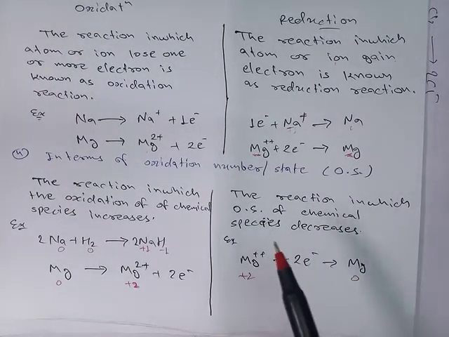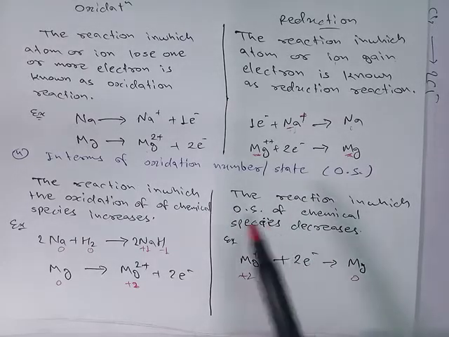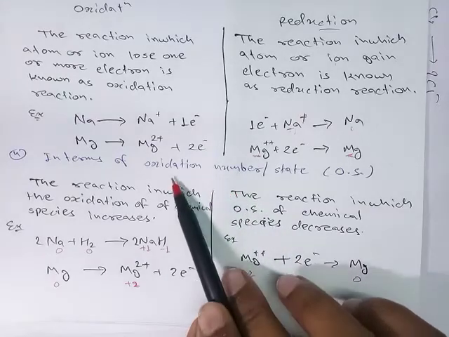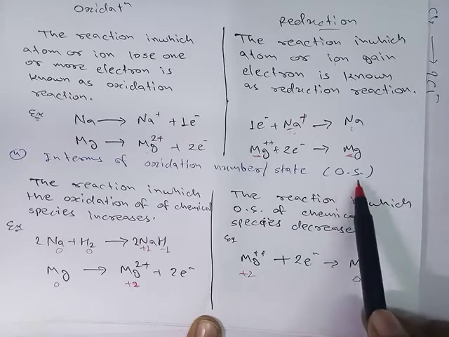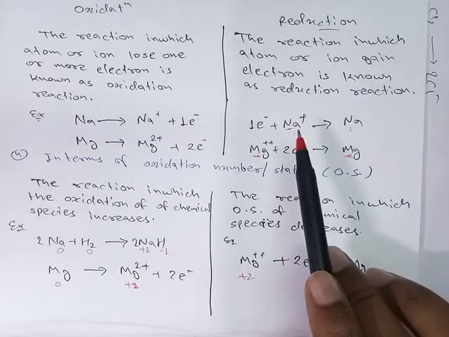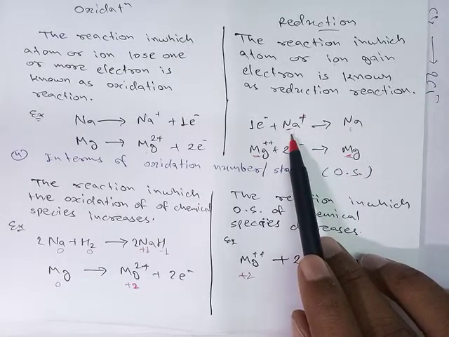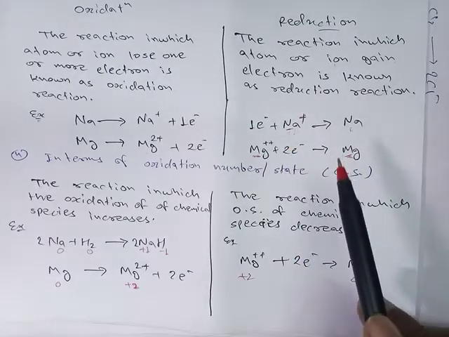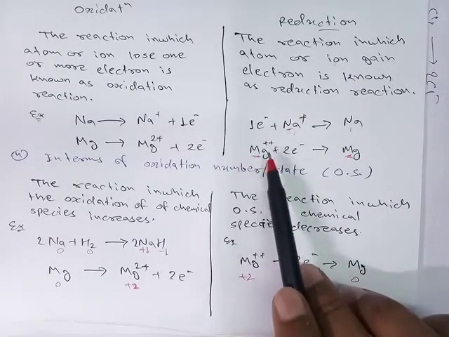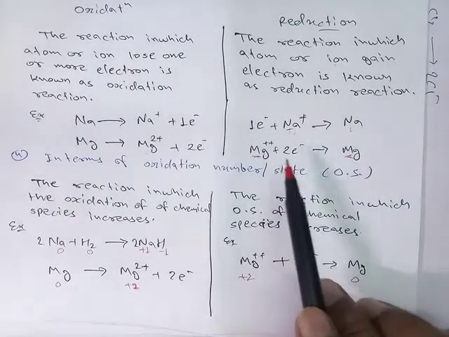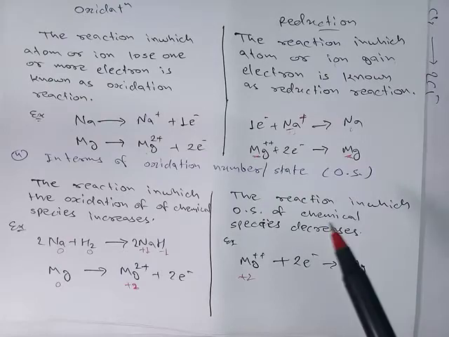And the fourth term of oxidation and reduction reaction is oxidation number. In terms of oxidation number or oxidation state, both generally represented by OS, like here the oxidation number of sodium is plus 1, so the OS is equal to plus 1 for the sodium plus ion. Like here magnesium 2 plus ion, so OS is equal to plus 2, meaning the oxidation state of magnesium is plus 2. So oxidation number and oxidation state are the same.